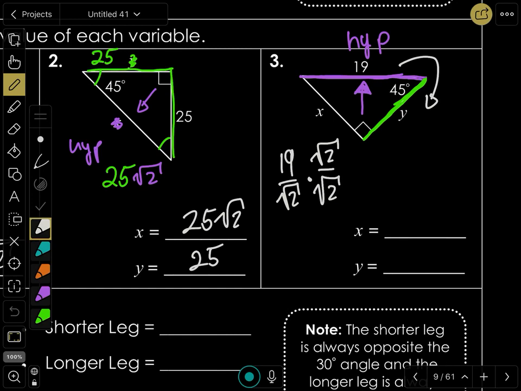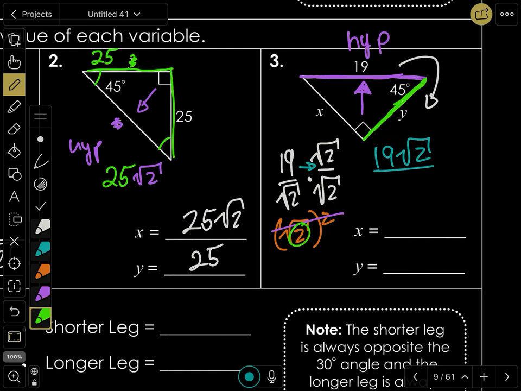Whenever we multiply fractions, we just go straight across. This is 19 root 2 over, well, what is square root of 2 times square root of 2? This would be square root of 2 squared, and we know squares and square roots cancel, so we're left with just the value inside, which is 2.